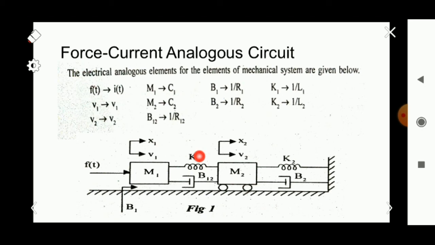K1 and B12 are common to the two nodes. Instead of K1 we have an inductor L1, drawn so that it is common to nodes 1 and 2. B12 is also common to the two nodes.